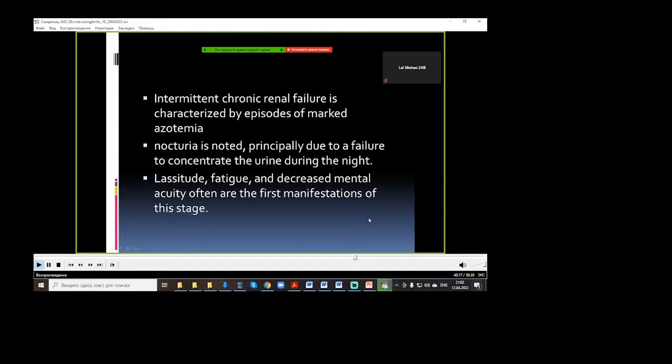Intermittent chronic renal failure is characterized by episodes of marked azotemia. Nocturia is noted, principally due to a failure to concentrate the urine during the night. Lassitude, fatigue, and decreased mental activity often are the first manifestations of this stage.